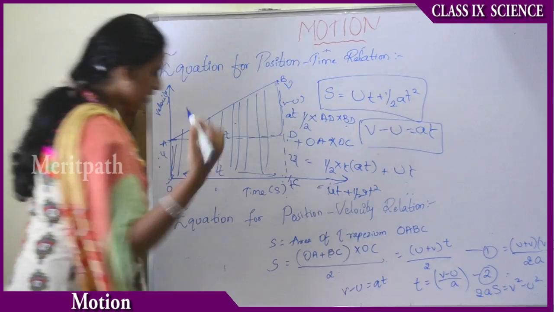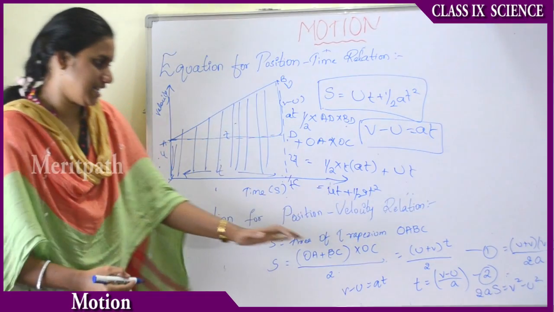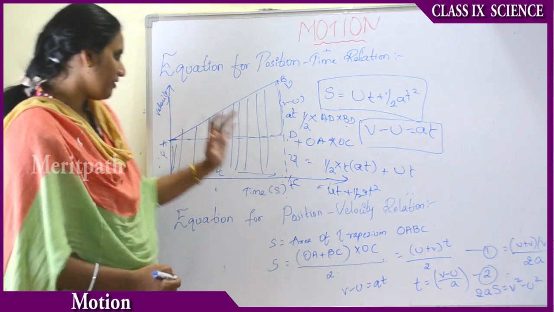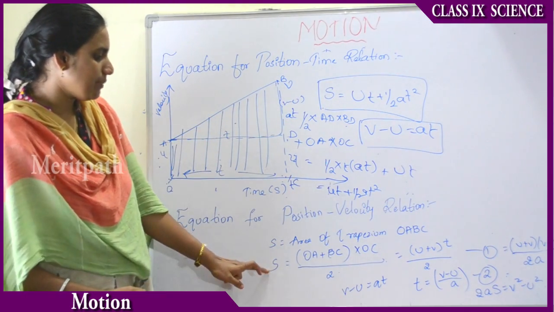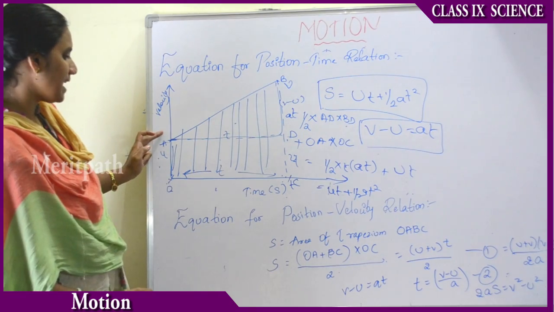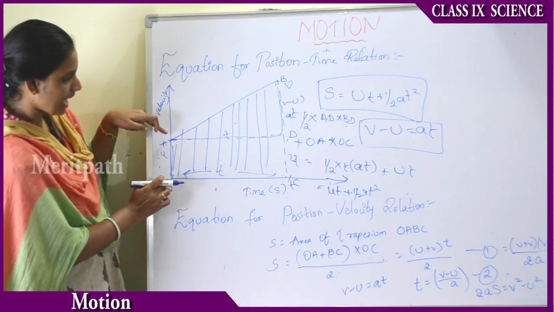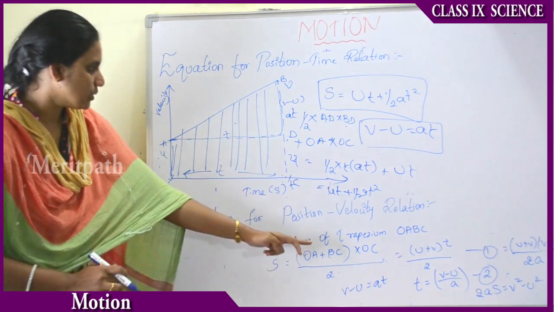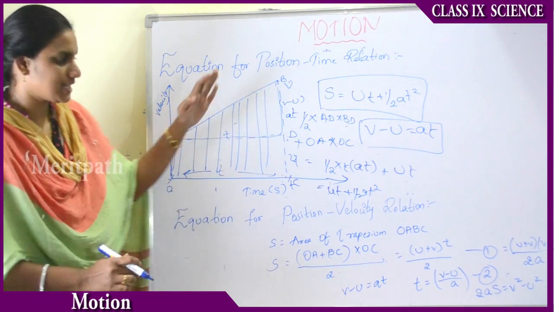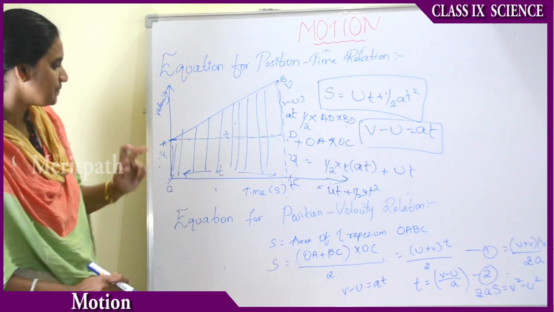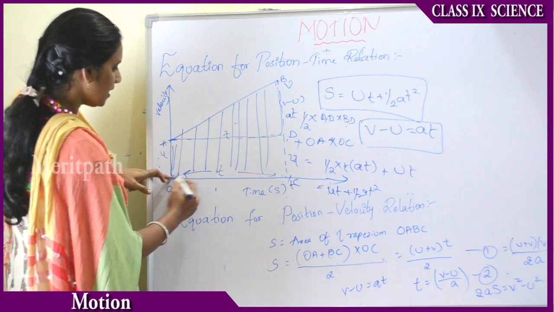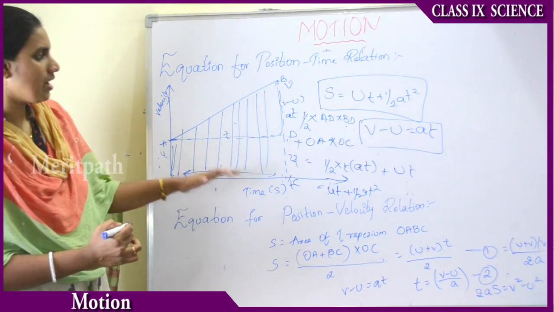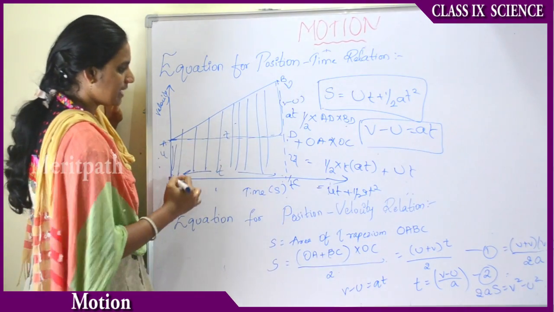And let us derive the equation for the position velocity relation, that is S equals the area of the trapezium, right? S can be written as OA plus BC, that is the two sides, into OC, that is the breadth, divided by 2, because it is the average that is taken.